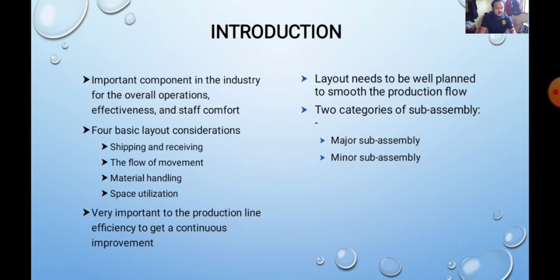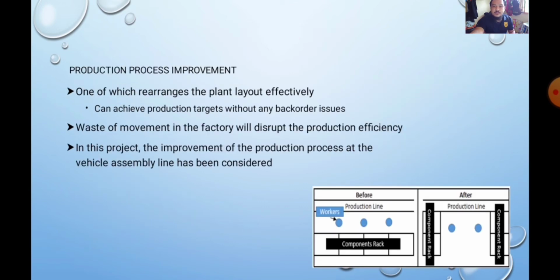Okay, let's go to the next, production process improvement. In improvement of the production process, one strategy is to rearrange the plant layout effectively.